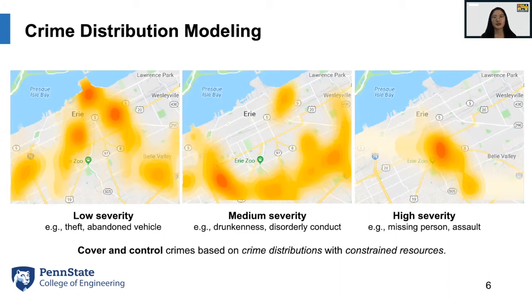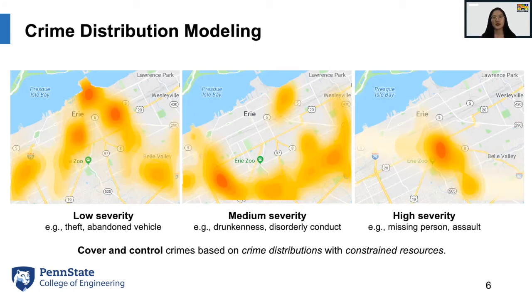The low severity level includes crimes such as theft, abandoned vehicle, and burglary without force. Medium severity level includes drunkenness, disorderly conduct, and burglary with force. High severity level involves missing person, assault, and aggravated assault by prisoner.